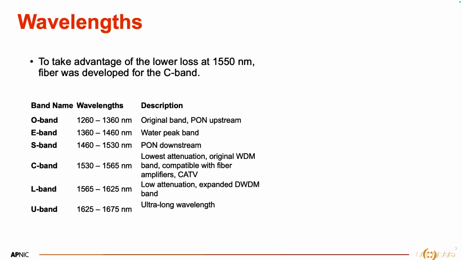For now, we really want to focus on C band, which is between 1530 to 1565 nanometers. That means these wavelengths, 1530 to 1565 nanometers, are basically used for communication over DWDM. Why? Because they have the lowest amount of attenuation. What is attenuation?